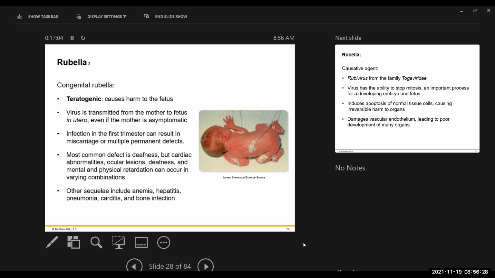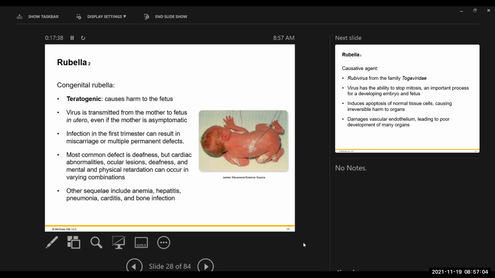These include deafness, cataracts, and congenital heart defects. That is the triad of symptoms of congenital rubella syndrome.